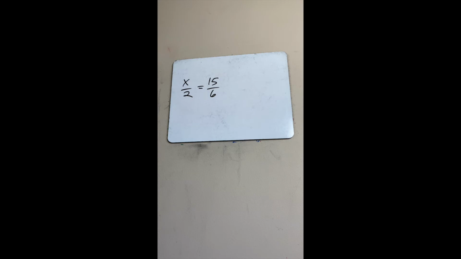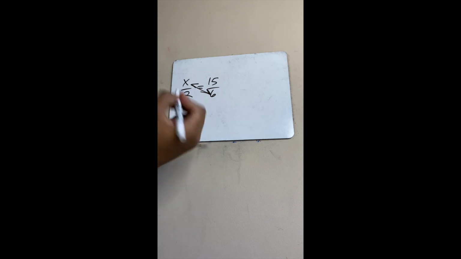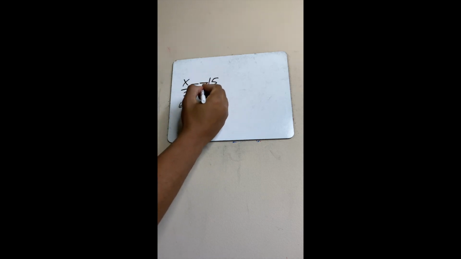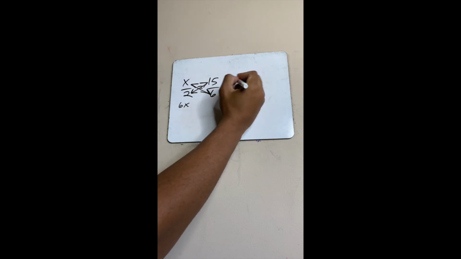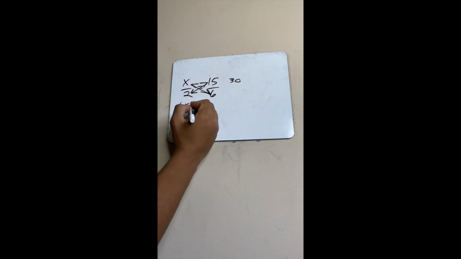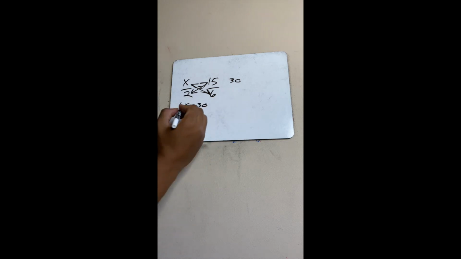And I said, watch this, same rules apply. We're gonna cross multiply first with the letter and the number. Okay, that's 6x, number going first. Then cross multiply here. 2 times 15 is 30, right? That equals 30. And this is gonna be really easy.